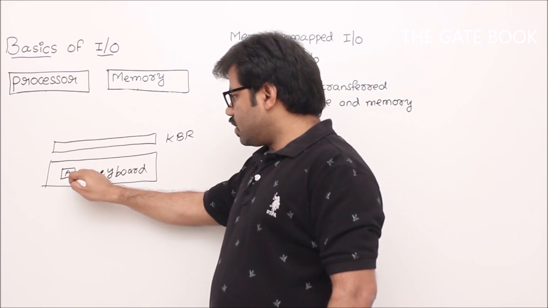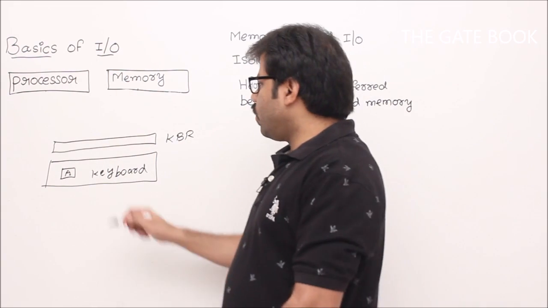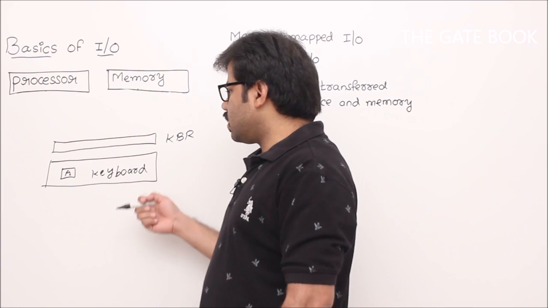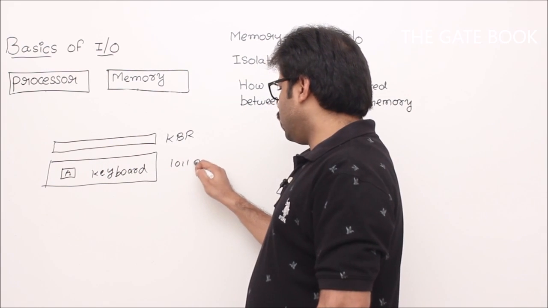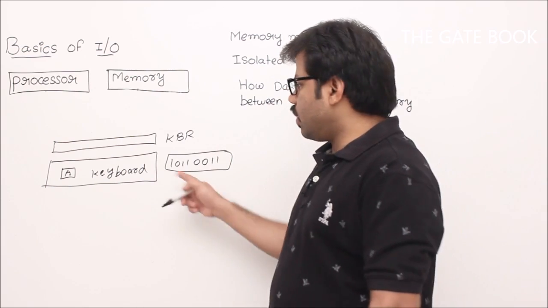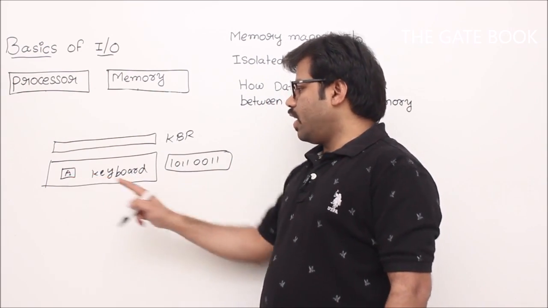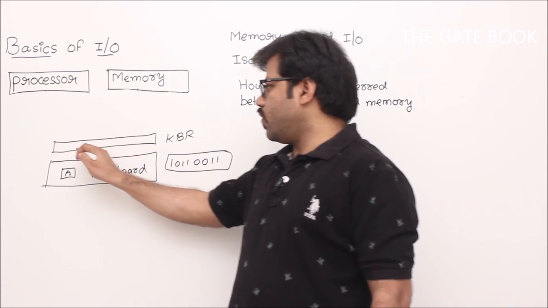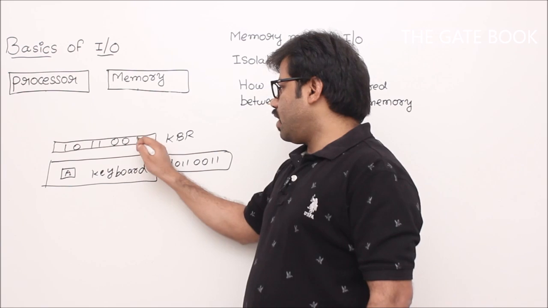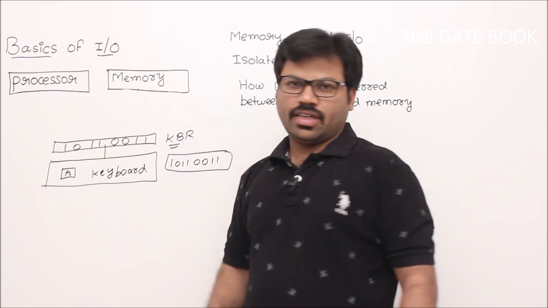Now whenever you type key A, what is going to happen is the corresponding ASCII code of A. Let us take that ASCII code as 10110011. I'm not sure whether it is the ASCII code of A or not, just for the time being we are assuming that. So the ASCII code of A, let's say 10110011, will be transferred to this keyboard register. In such a way this keyboard will be designed.